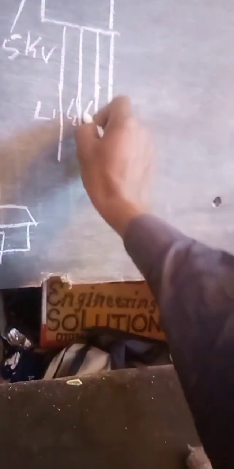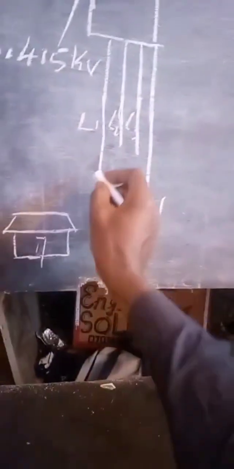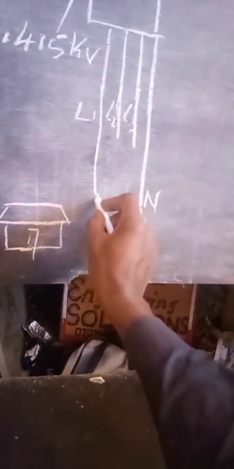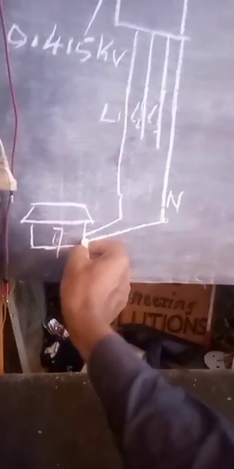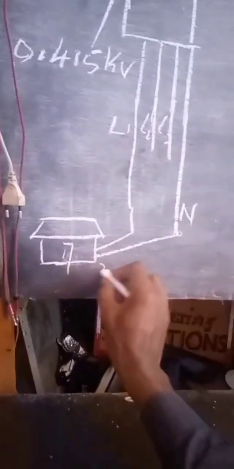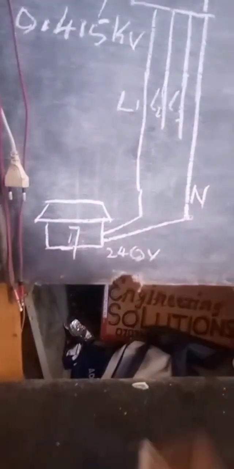If these are the live lines like this, we tap one and feed it to your house together with neutral like this. So here we have 240 volts that you receive in your house.